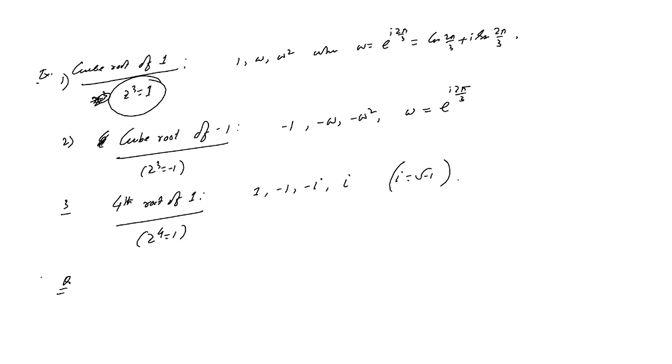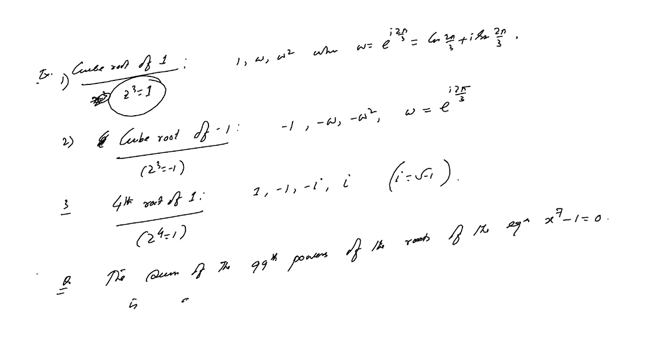very, very important. This question is important for any other examination, it may be BSc or B Math or KVS PGT. Whatever the exam, the question is: the sum of the 99th powers of the roots of the equation x to the power 7 minus 1 equals 0 is, option A is 0, option B is 1, option C is 7, and option D is 99.